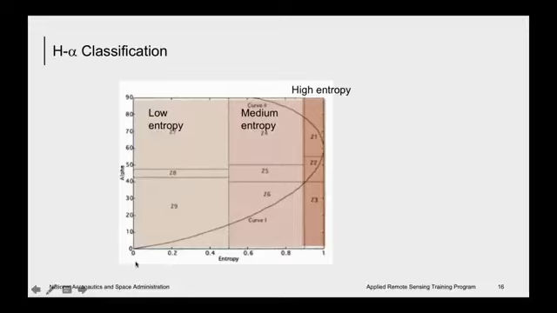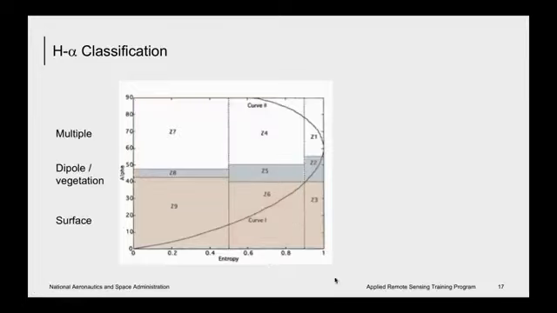So for entropy, entropy is on the x-axis, and again, we have values ranging between 0 and 1. You have 3 regions. It's very straightforward: low, medium, and high entropy. Then if you move to alpha, you also have 3 regions: surface, dipole, or volume, and you have multiple, which is a dihedral or a double bounce.